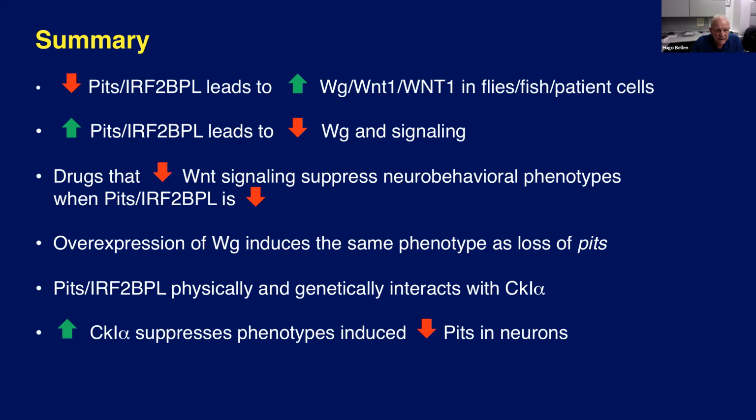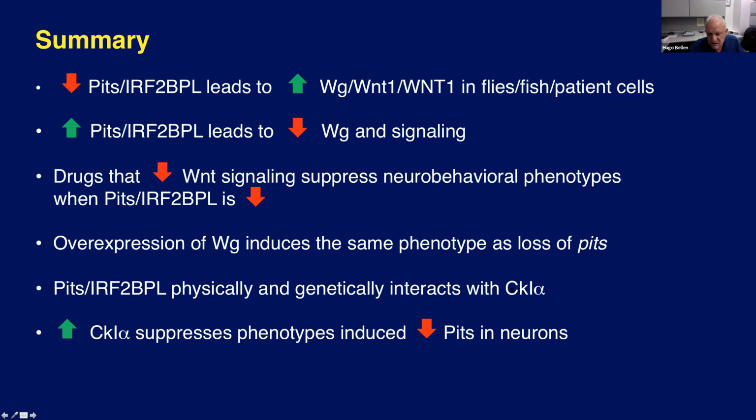So in summary, for this portion of the story, a decrease in PITS and IRF2-BPL leads to an increase in wingless signaling, and the reverse, an increase in PITS and IRF2-BPL, leads to a decrease in Wnt signaling. Drugs that decrease Wnt signaling suppress the neurobehavioral phenotype. Overexpression of wingless induces the same phenotype as the loss of PITS. And PITS and IRF2-BPL physically and genetically interact.